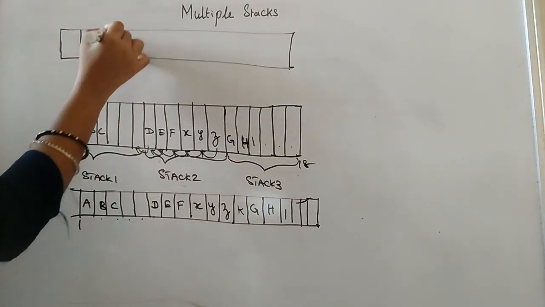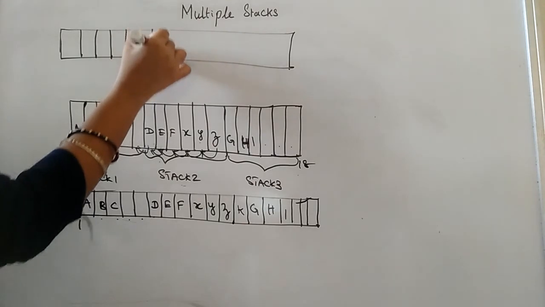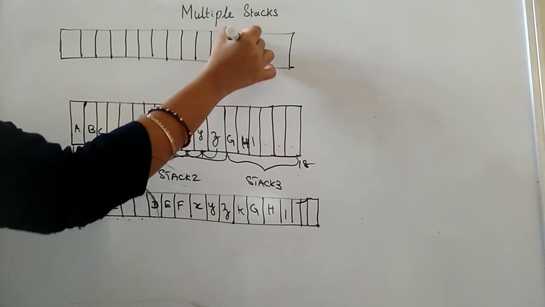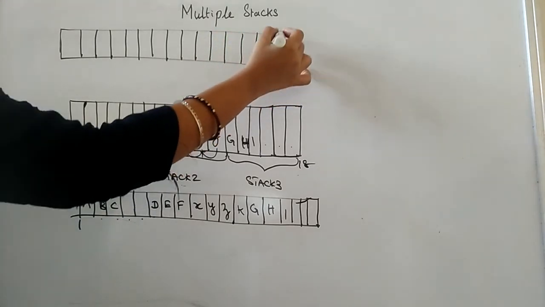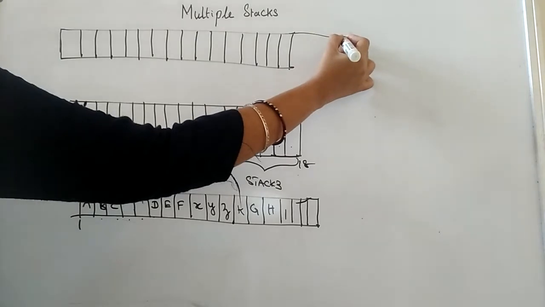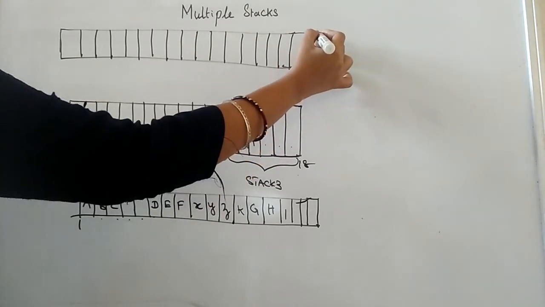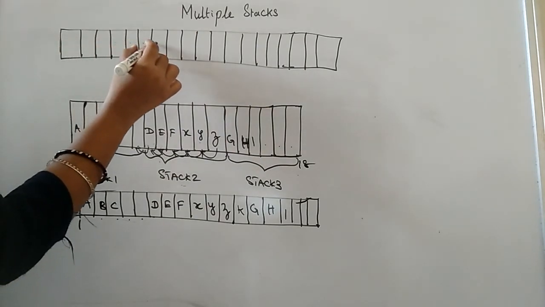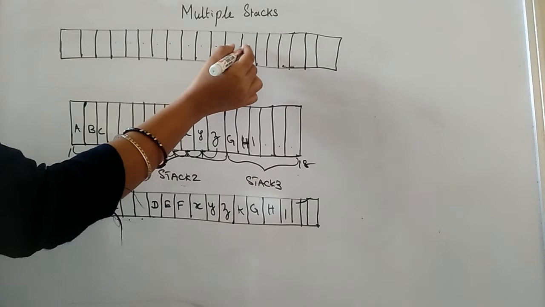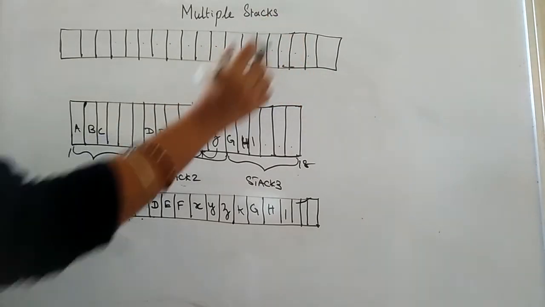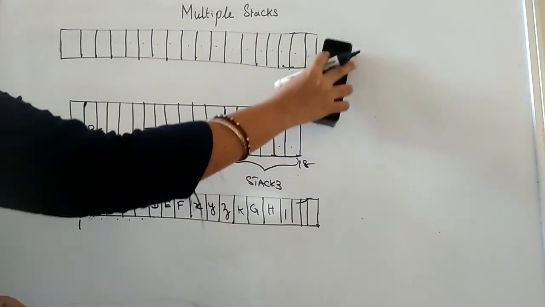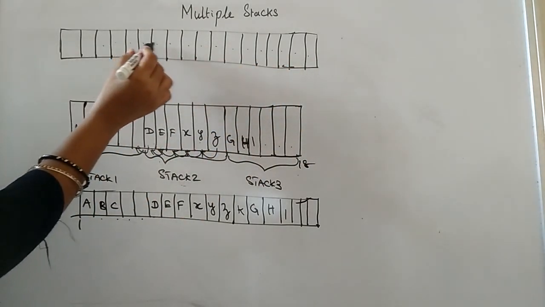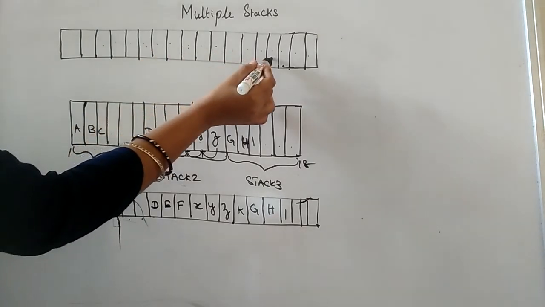So 1, 2, 3, 4, 5, 6, 7, 8, 9, 10, 11, 12, 13, 14, 15, 16, 17, 18. Am I right? Wait, once again I am checking: 3, 6, 9, 12, 15, 18.